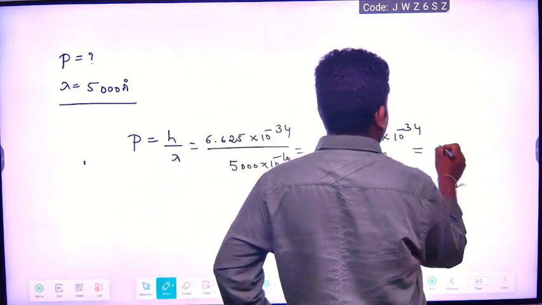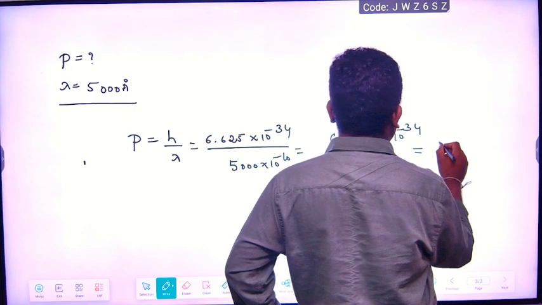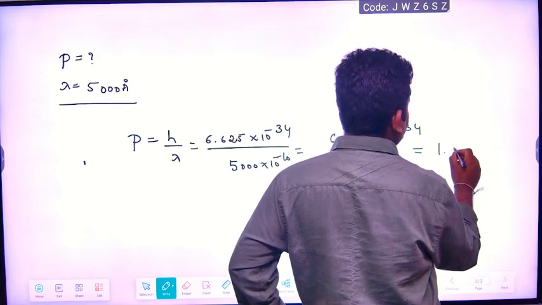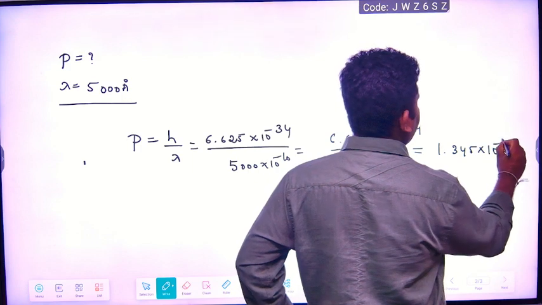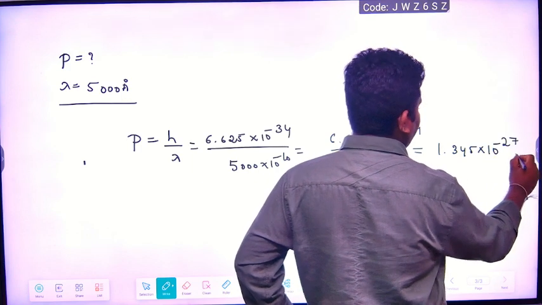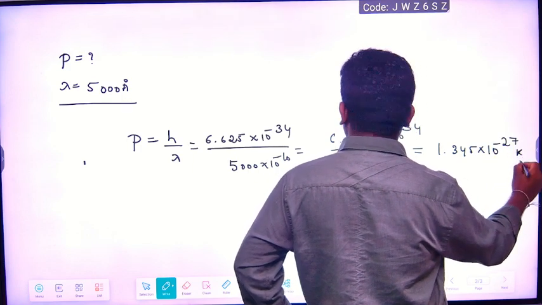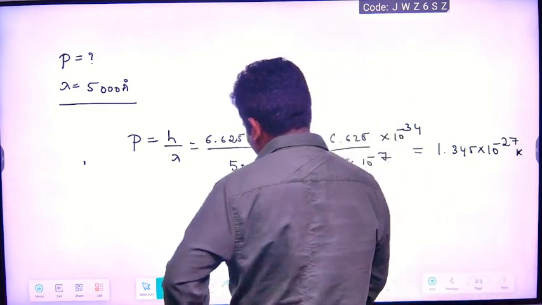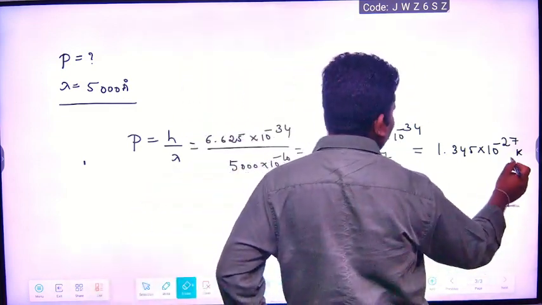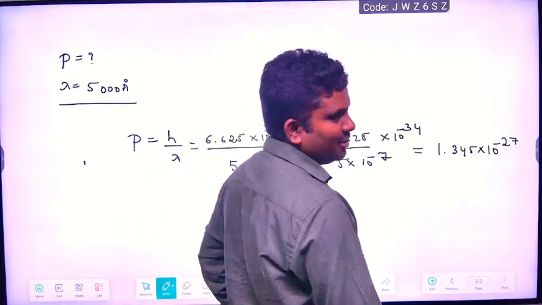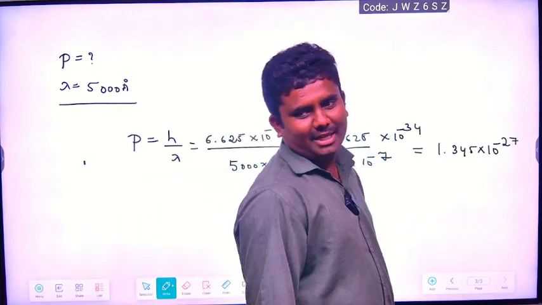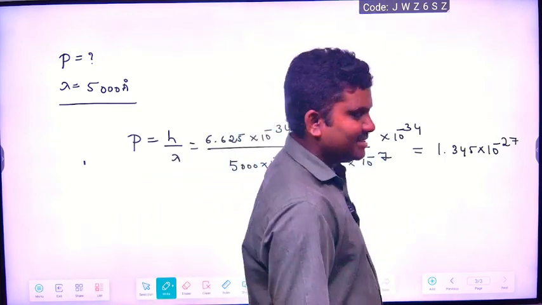It will become 1.345 into 10 to the power of minus 27. What is the unit of momentum? Mass into velocity, correct? Kg meter per second.